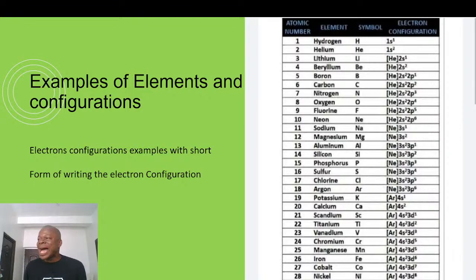So if you add helium, 2, plus 2s2, that is 4, plus 3, that gives you 7. That's the atomic number of nitrogen.